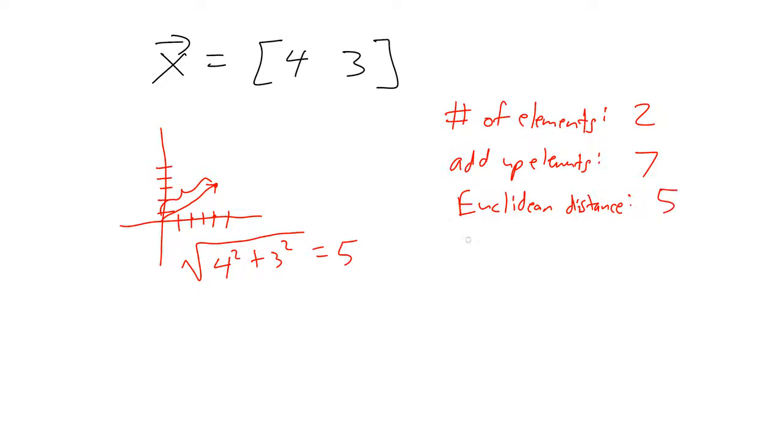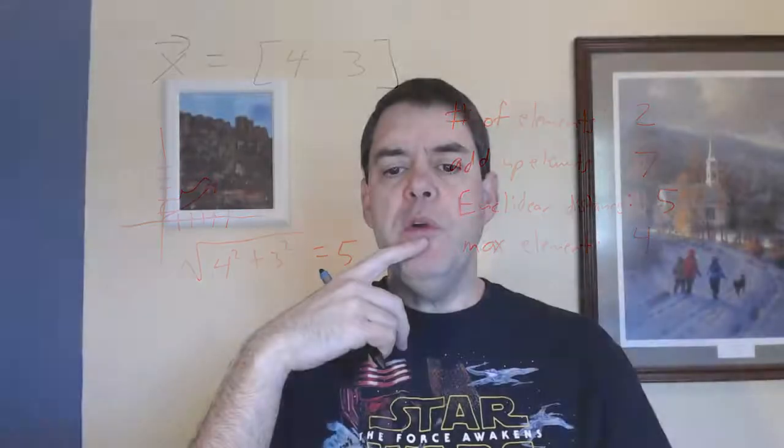Another thing we could do is say, well, maybe all that matters when I talk about the length of a vector is just what the biggest value is. That one might not have occurred to you, but it's certainly something we could do. We could take the maximum element, and that would be 4. So what we've got here is 4 different ideas of how to measure the length of a vector. And you might ask which one's right, and the answer is all of them are right.